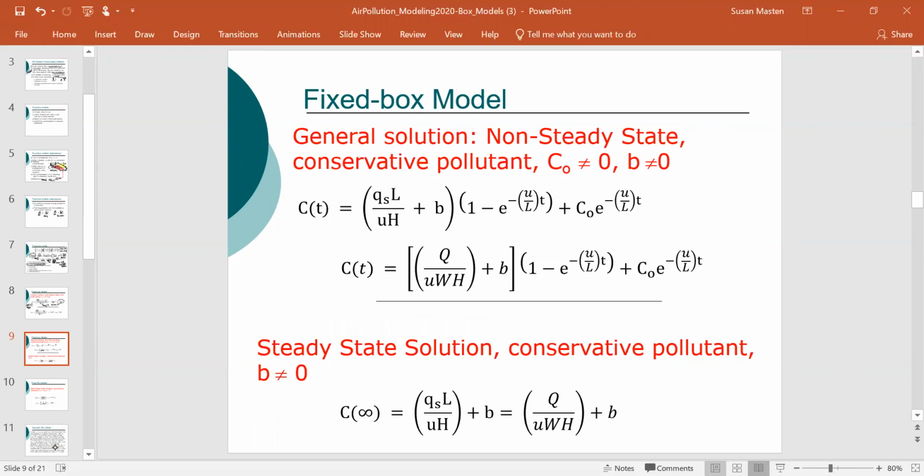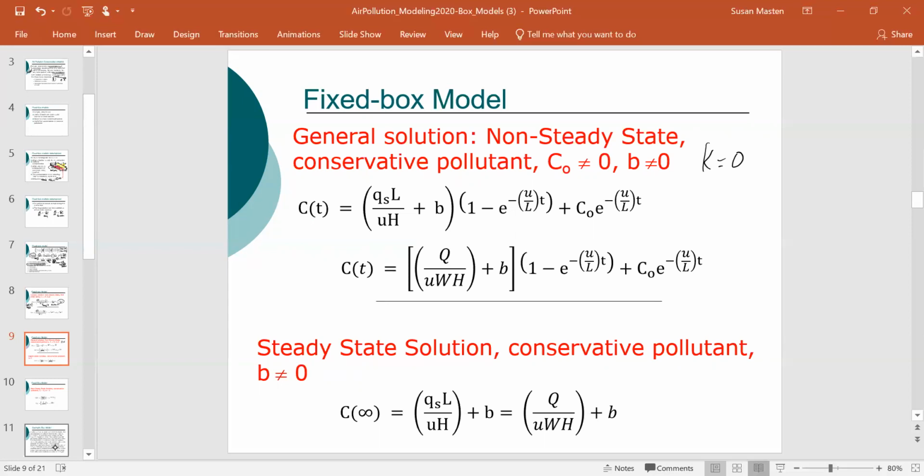This is just the non-steady state equation for a conservative. So notice there's no Q in this, there's no K. So in this case, K is equal to 0, so the K term drops out. This initial term simplifies, and we have this equation.